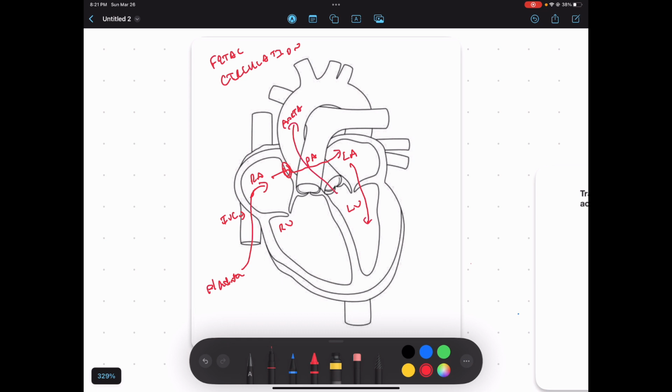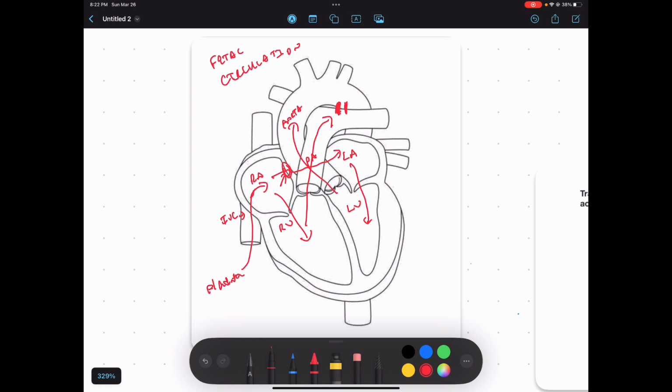So the other way that oxygenated blood gets into the systemic circulation is through the ductus arteriosus, which connects the aorta and the pulmonary artery right here. So what happens is that the oxygenated blood not only goes into the foramen ovale here, but also goes into the right ventricle, of course, and then out into the pulmonary artery.